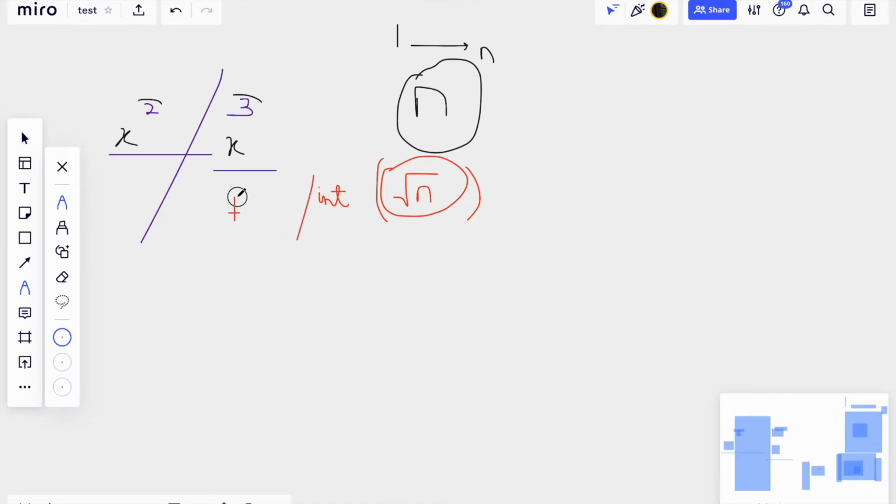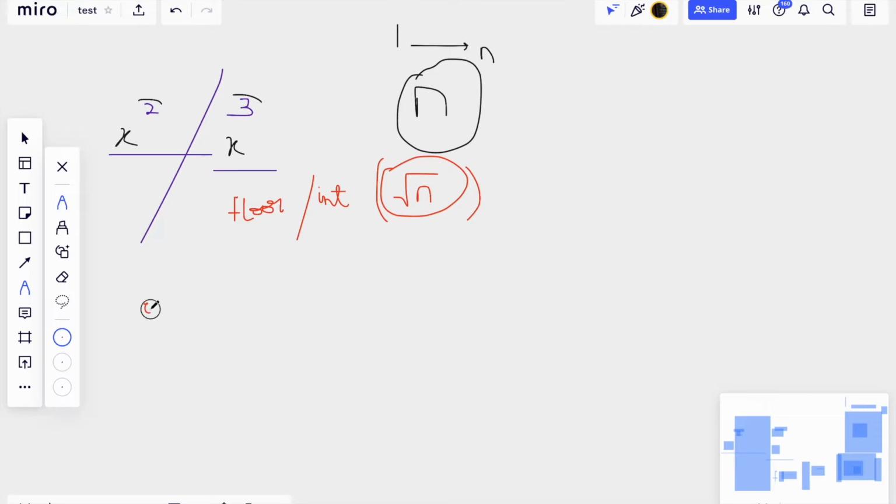If you are not aware of the floor function, you can look it up on Geeks for Geeks. Floor is basically the greatest integer which is less than or equal to that number.